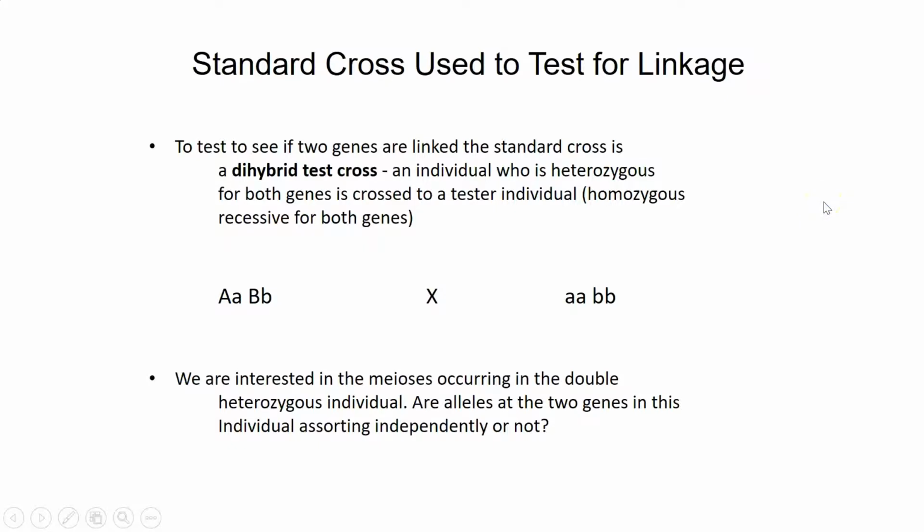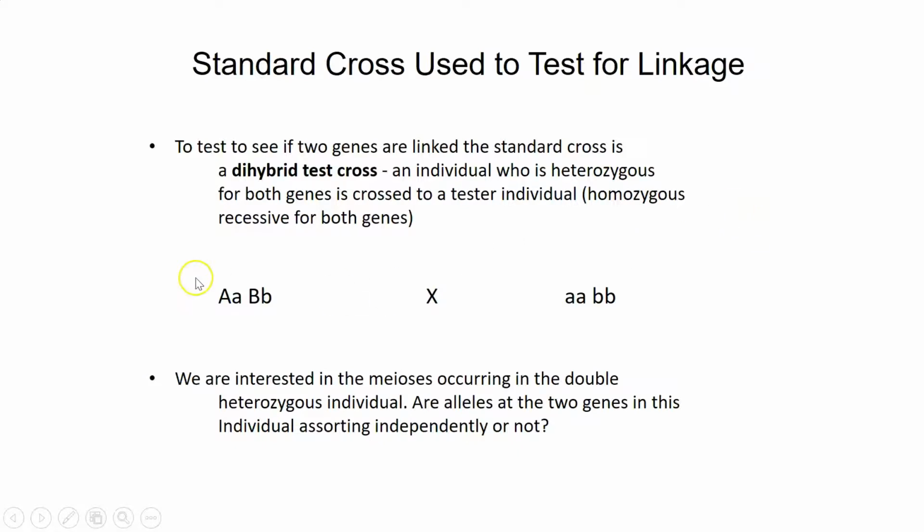And this is the standard cross that we will use. It's the cross that was in the video. It's called a dihybrid test cross. A dihybrid test cross is always going to be using an individual that's heterozygous for two genes. These are the two genes we want to know if they're linked or not. And the double heterozygote is crossed to a tester individual. So that's why it's called dihybrid, double heterozygote, test cross, tester is involved.